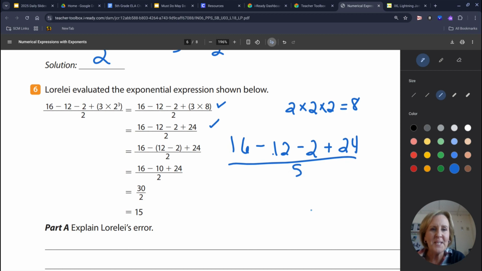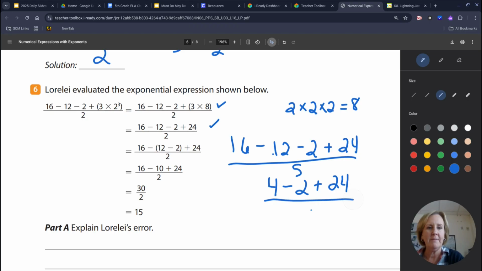So 16 minus 12 is 4 minus 2 plus 24 divided by 5. All right, next, 4 minus 2 is 2 plus 24 divided by 5.